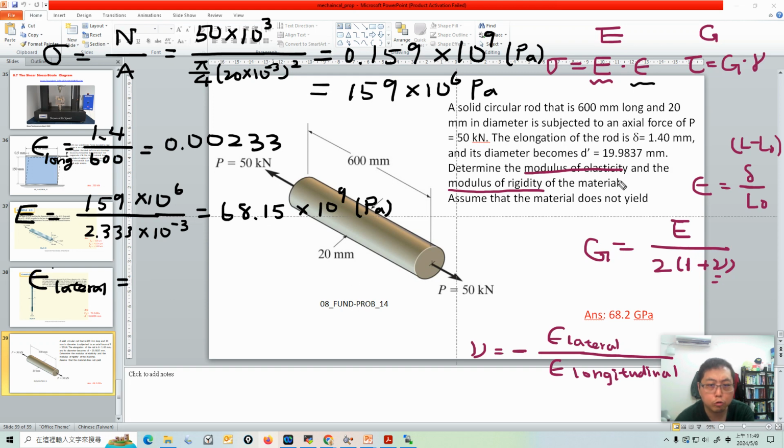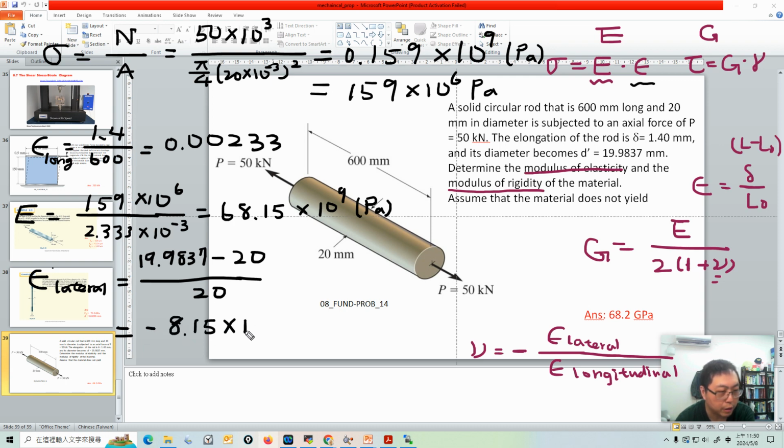It's very easy: the deformation is 19.9837 minus 20 millimeter, divided by the original 20 millimeter. The value is minus 8.15 times 10 to the power minus 4. That's the strain in the lateral direction.